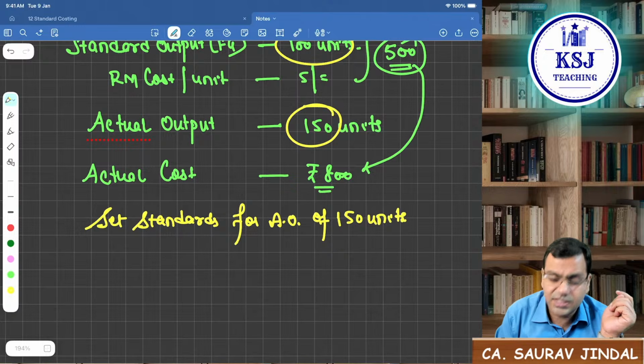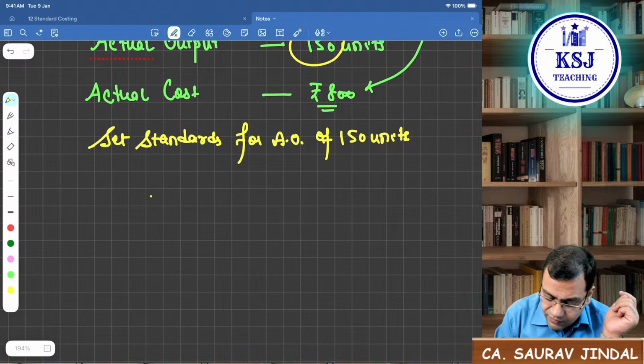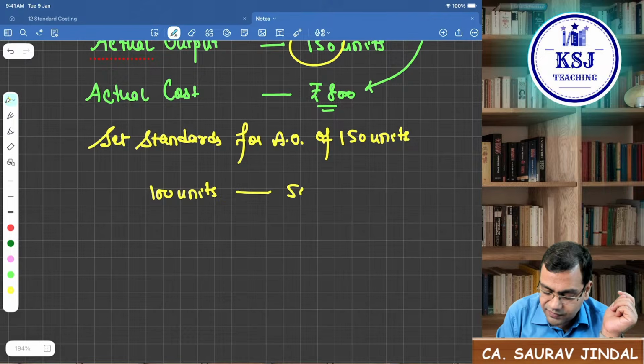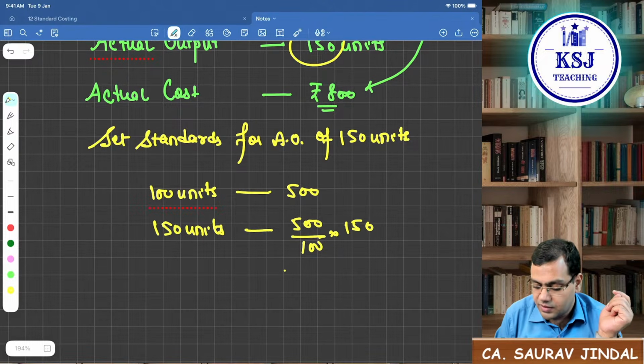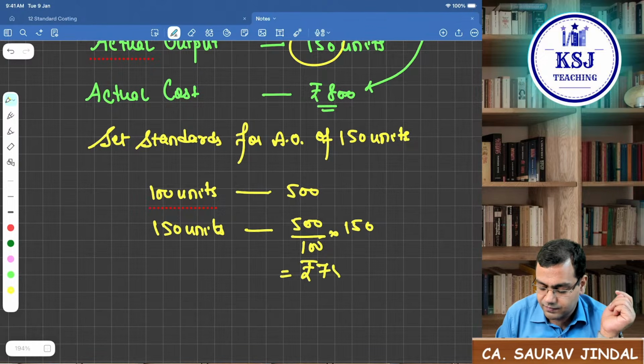How will you set, sir? So what we can say that for 100 units, the cost is 500. So for 150 units, what will be the standard cost? Right? So here the standard cost will be 150 into 5, that is 750.